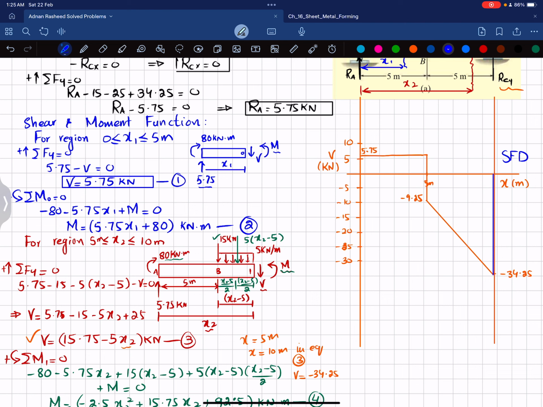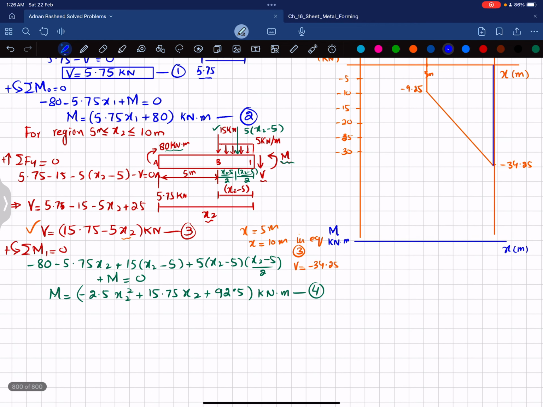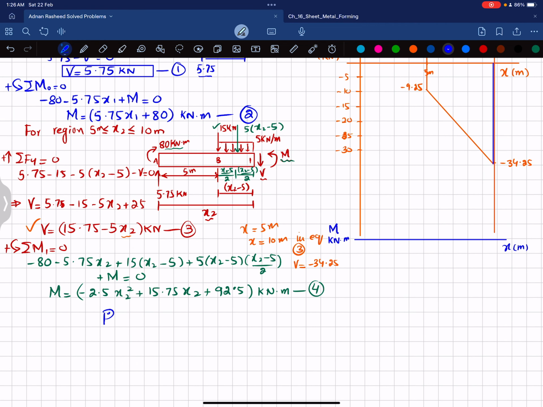So for bending moment diagram, again I will draw a horizontal line, and x shows the length of beam in meter. On y-axis you have moment, and that having unit kilonewton into meter. Okay, so what we will do is put x is equal to 0 in equation number 2. So when you put x is equal to 0, this term will become 0.